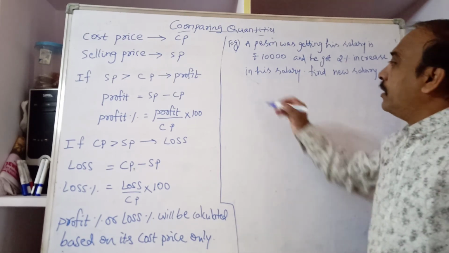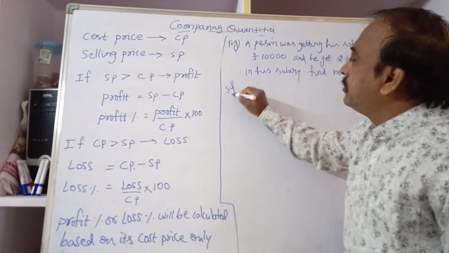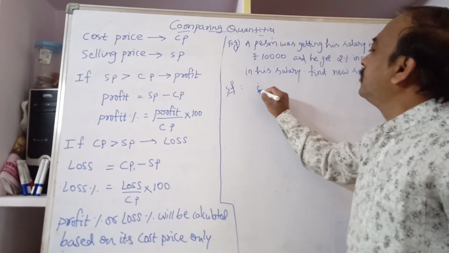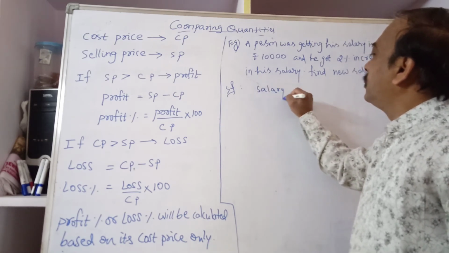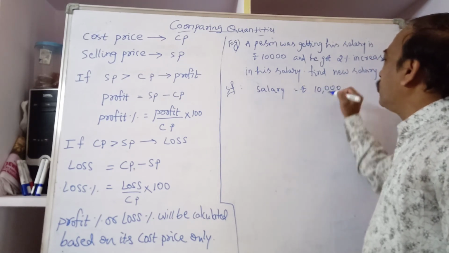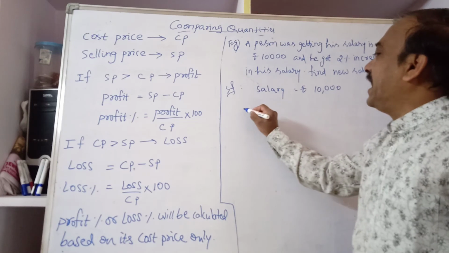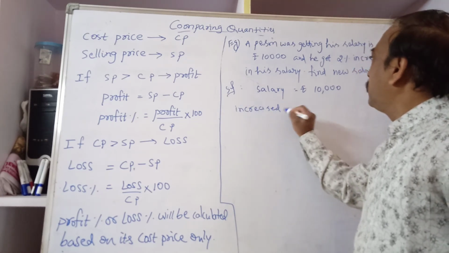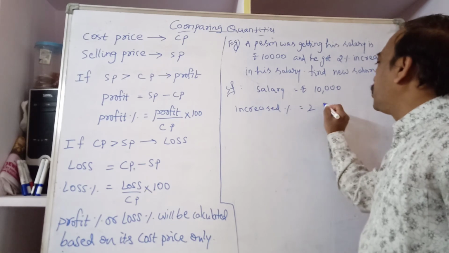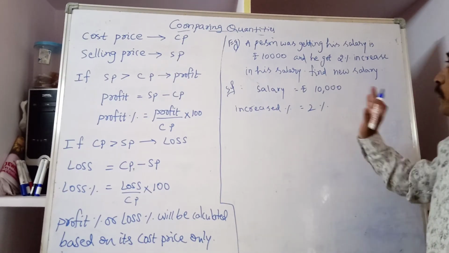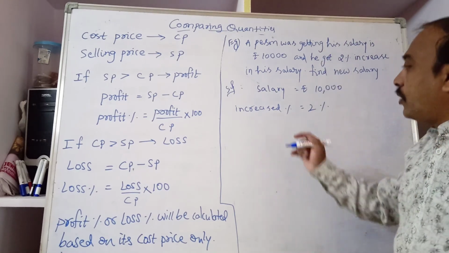So here, first, salary is equal to rupees 10,000 and increased percent is equal to 2%. So first we need to calculate what is 2% of 10,000.